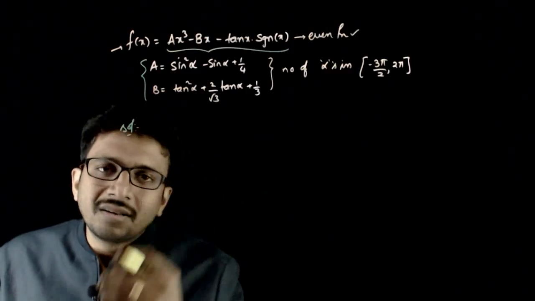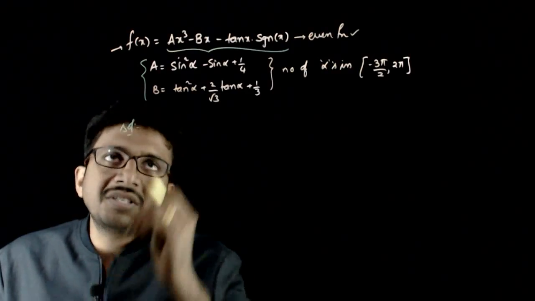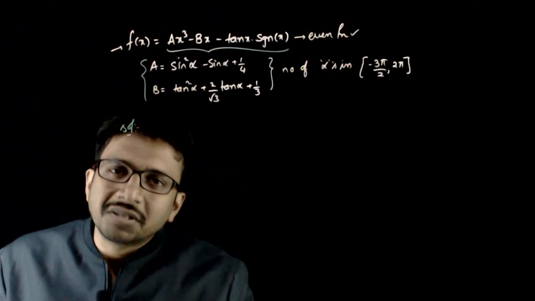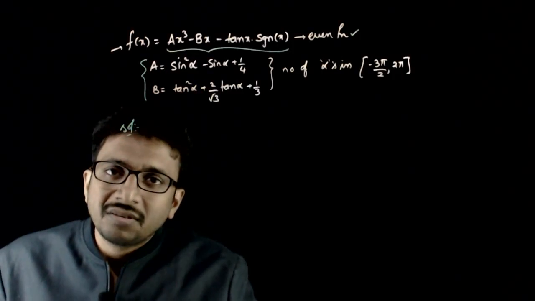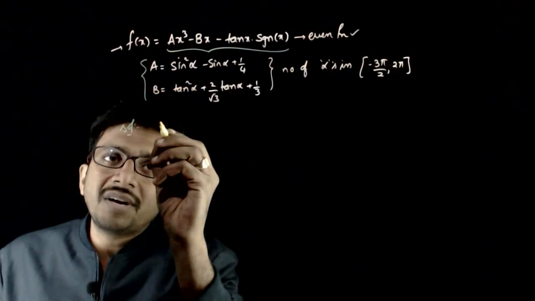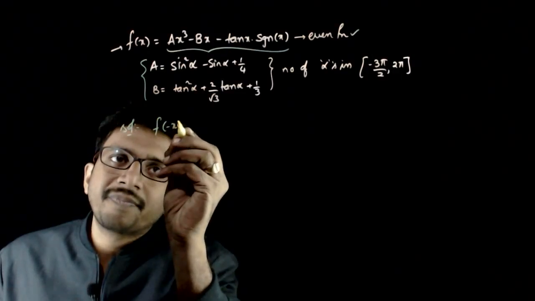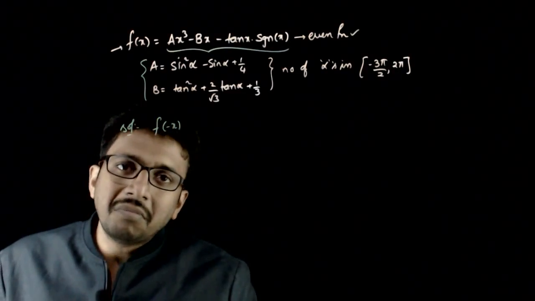So first let us look at the first information. The first information is that this f of x is an even function. So if it has to be an even function, f of minus x has to be equal to f of x.